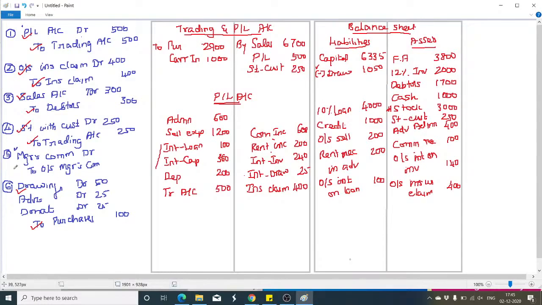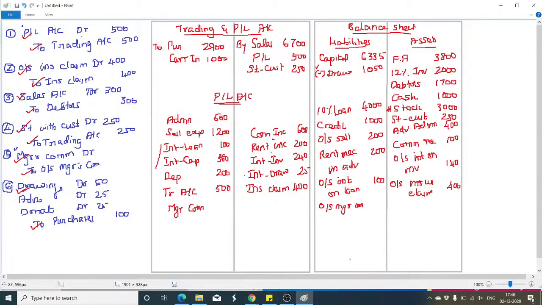Both is over. Manager's commission. I have to write here manager's commission expenses. I am not aware about the expenses as such now, so keep it pending. And outstanding manager's commission should be posted in the liability side as we are supposed to pay later. So outstanding manager's commission, the value being supposed to be calculated.